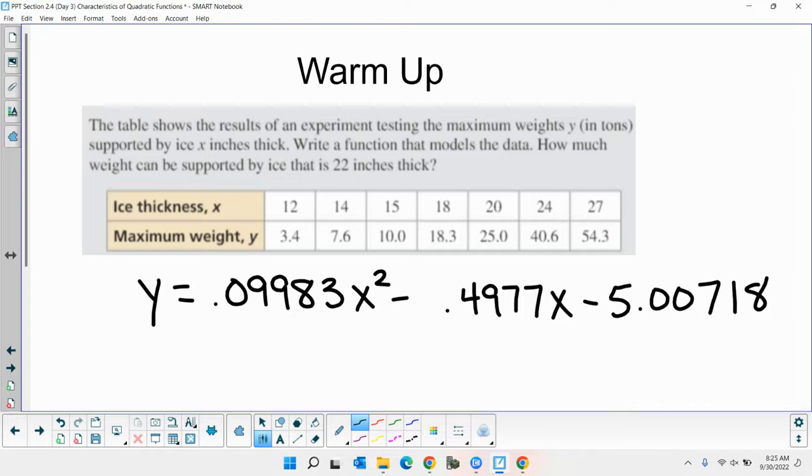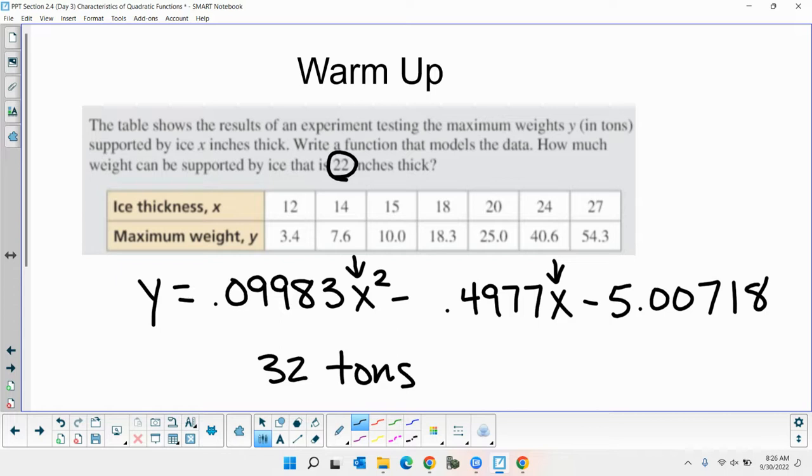So when we put the 22 in for X, both spots, we get 32 tons. So basically it's just making sure we put in the data correctly, right?